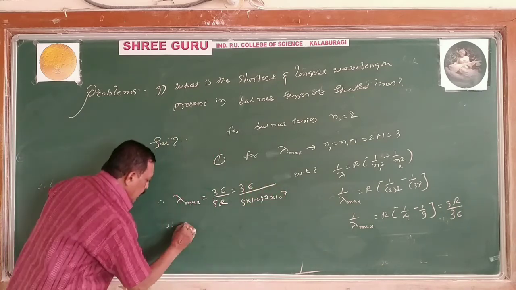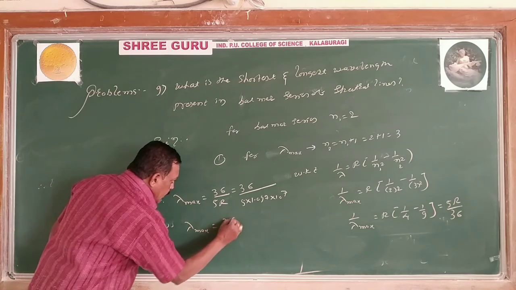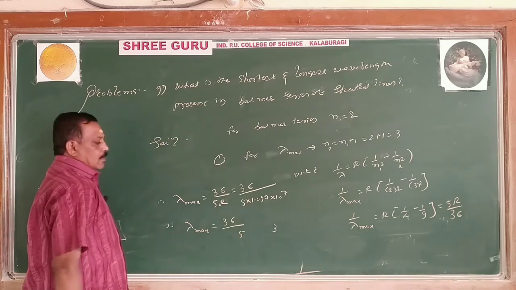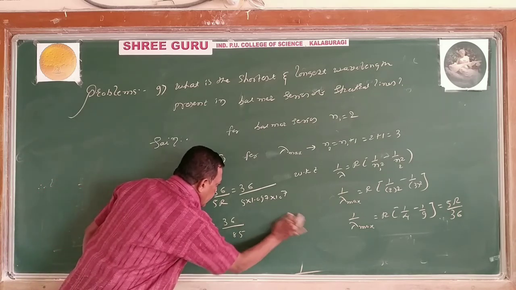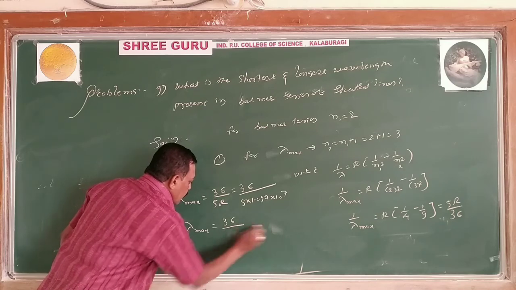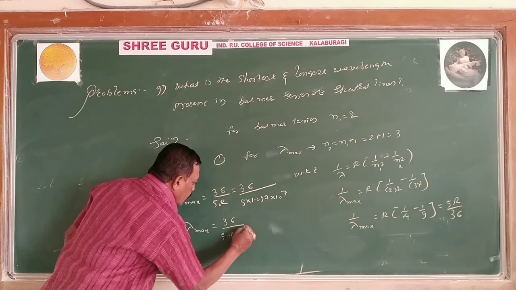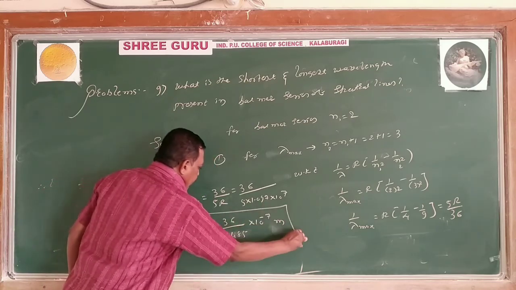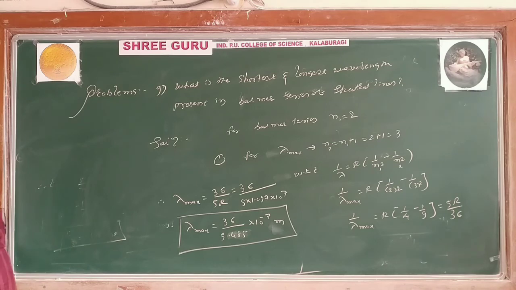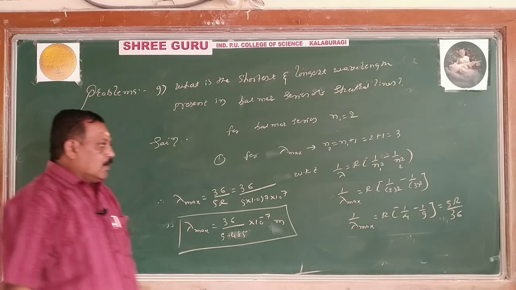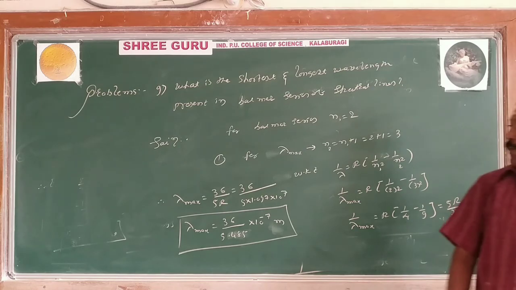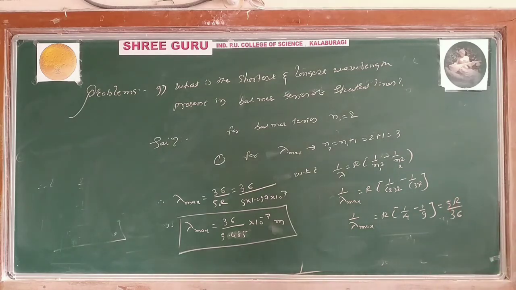Lambda maximum equals 36 divided by 5.485, taken up, into 10 to the power of minus 7 meter. This is your answer. These are the maximum and minimum wavelengths with respect to the Balmer series. Similarly, whichever series they ask, you can substitute; just know the procedure.